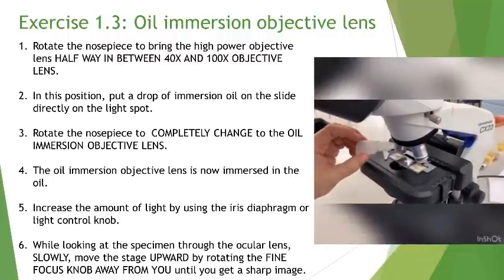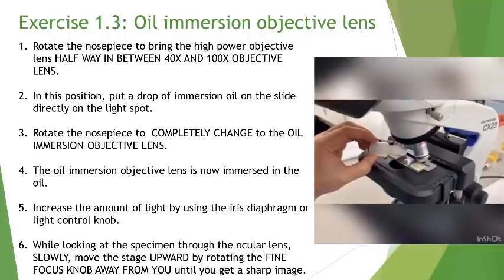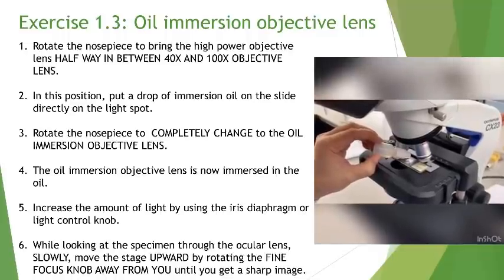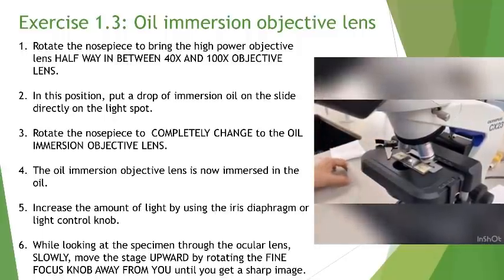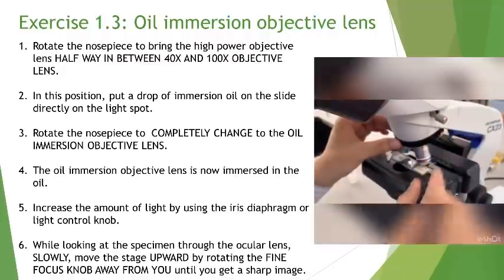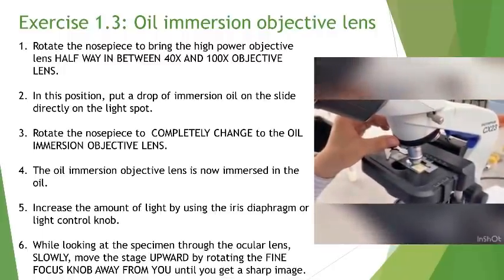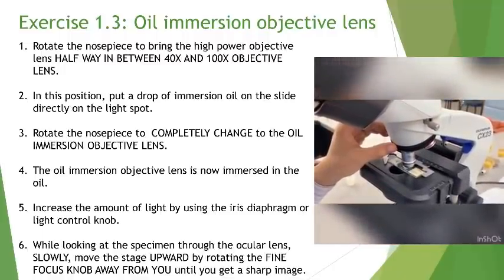You take the immersion oil and put one drop of the oil onto the specimen. Then rotate the nose piece so that the 100 times objective lens touches the oil.